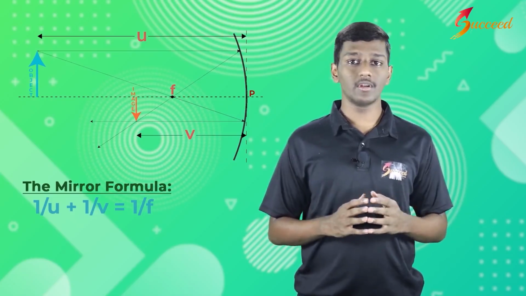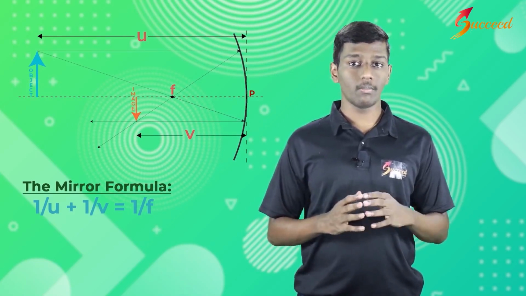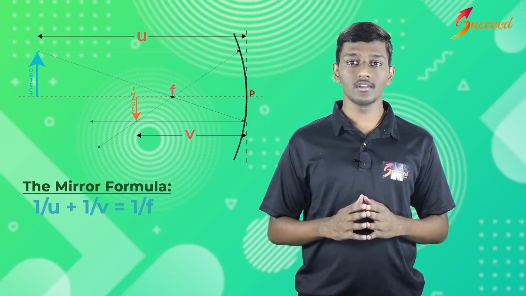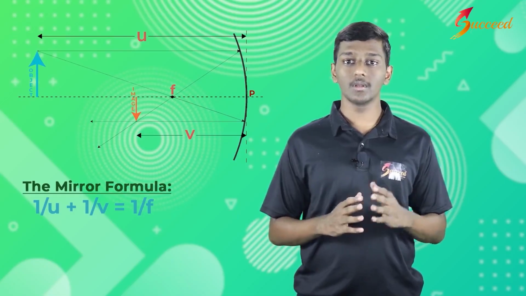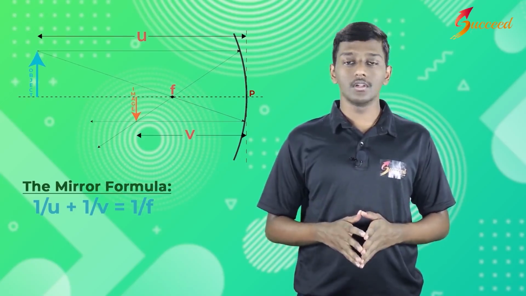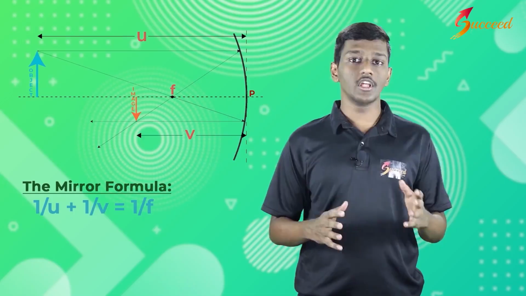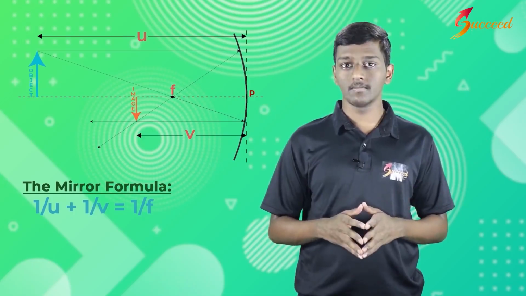This is called the mirror formula. All the measurements are done parallel to the principal axis and measured from the pole of the mirror. This formula is applicable to all spherical mirrors and it follows the new Cartesian convention.